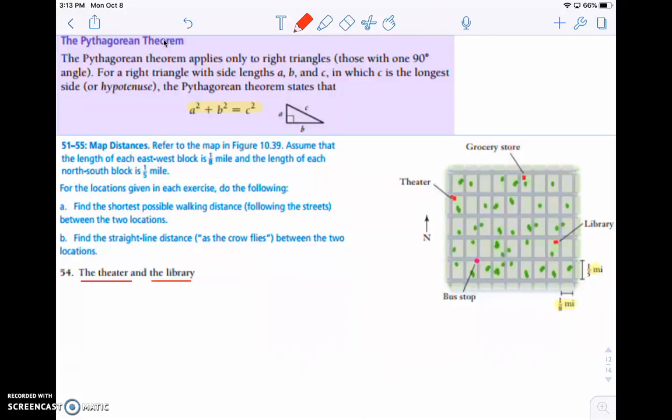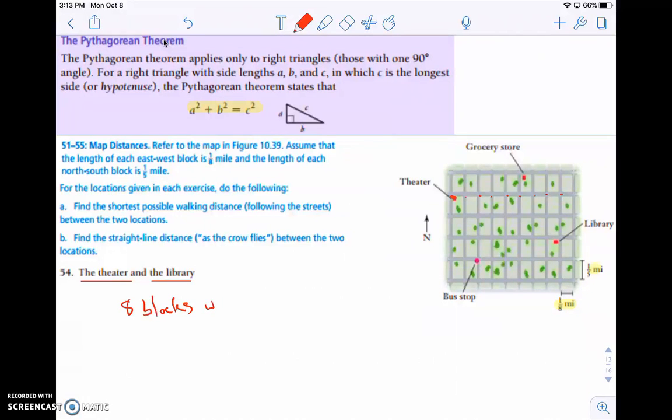So here's our theater. If we come across from our theater, we're going to go 1, 2, 3, 4, 5, 6, 7, and then we'd actually have to go 8, because it's on this corner. So we'd have to go 8 blocks.